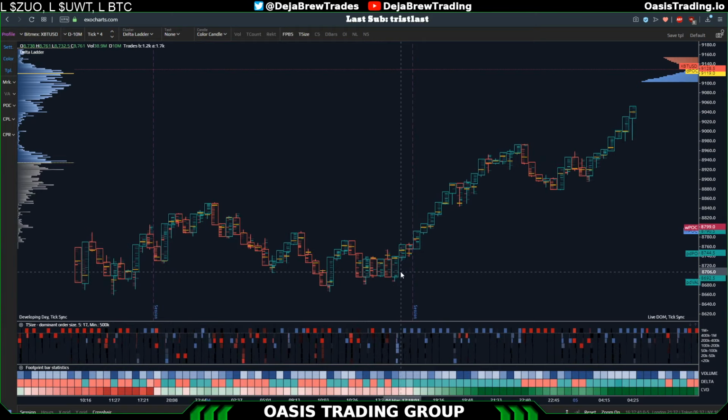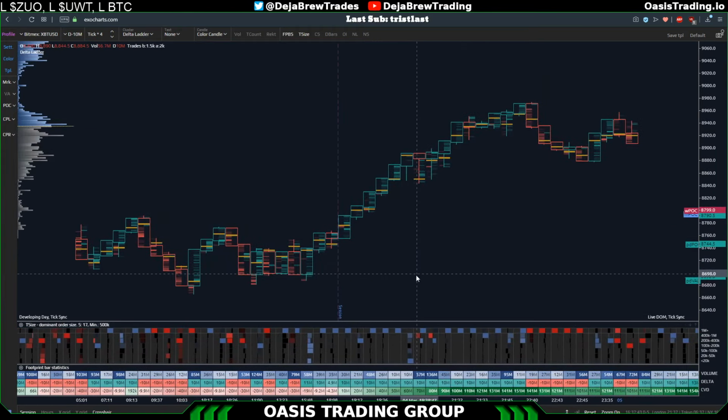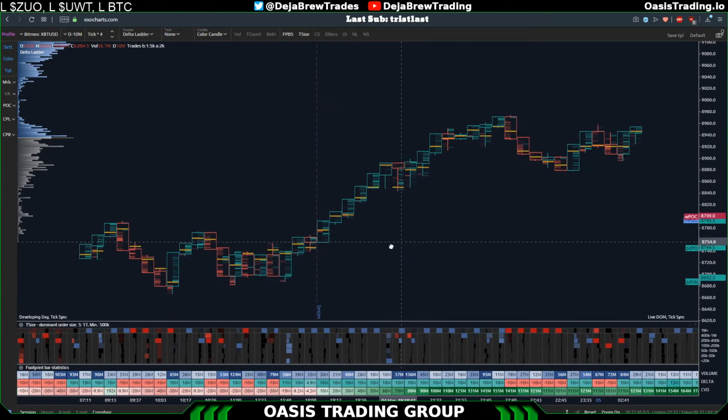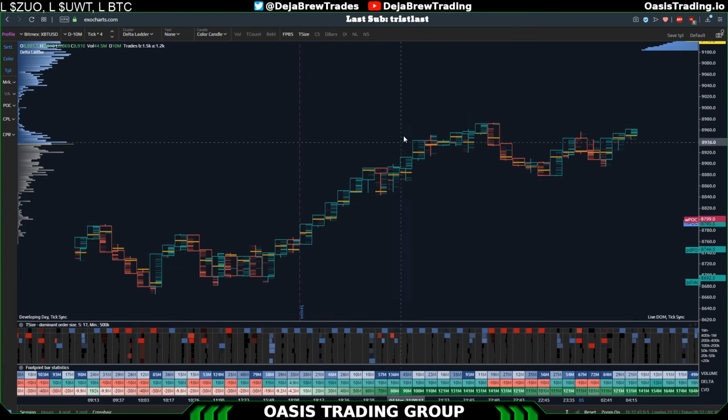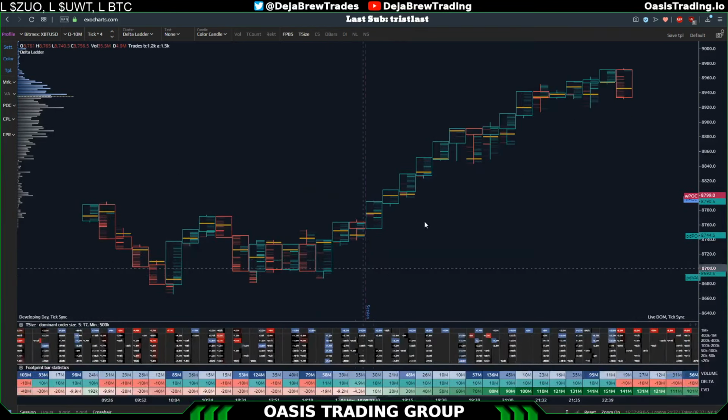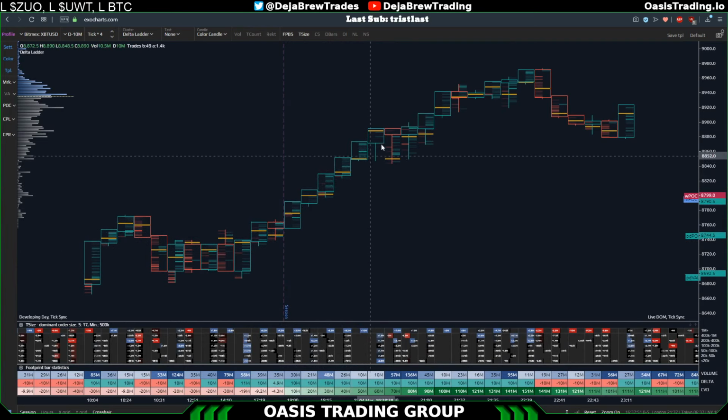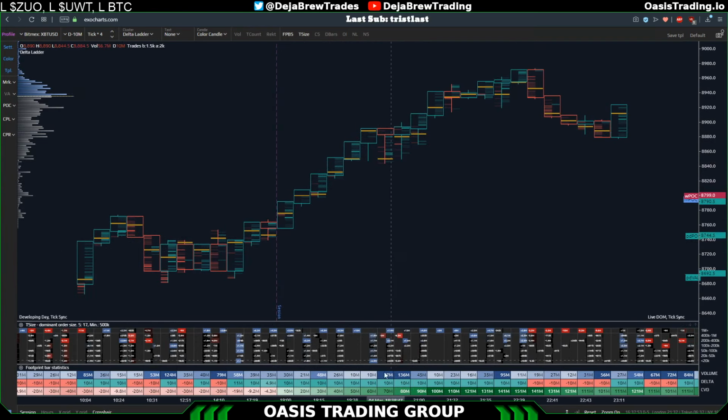Okay? So another way you can use these delta squeeze bars is to confirm momentum, right? So if you're breaking to the upside and you're showing signs of momentum to the upside and you're still seeing these delta squeeze bars, but price is still breaking up, that's showing you that the sellers are trying to push price down, right?